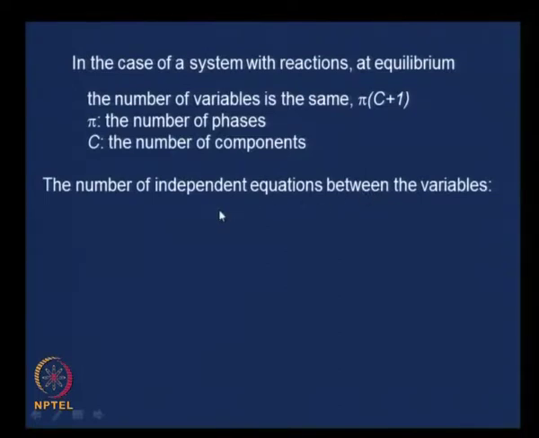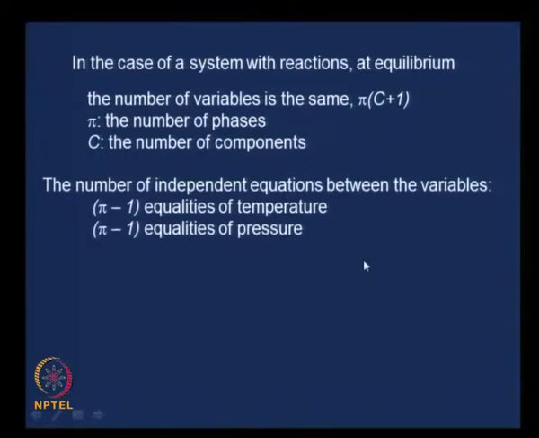and the number of independent equations between the variables is pi minus 1 equalities of temperature. Recall that T alpha equals T beta and so on. So if there are pi phases, you could consider that one composite equation as pi minus 1 equalities of temperature.